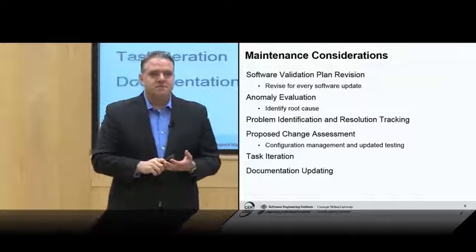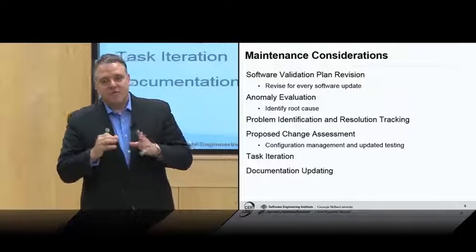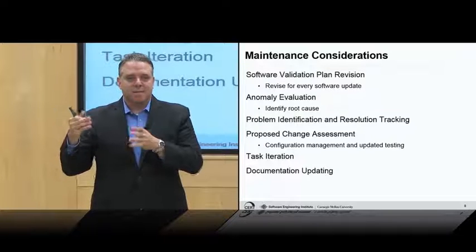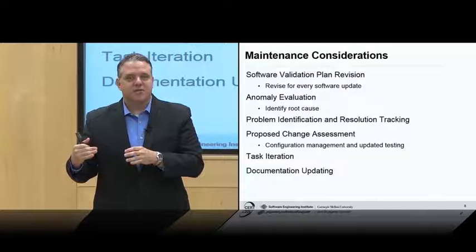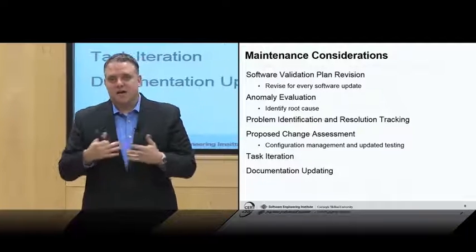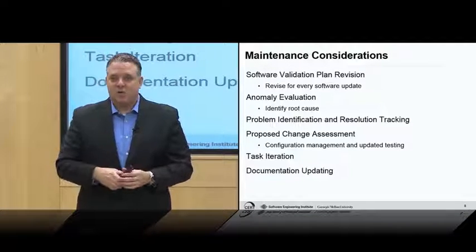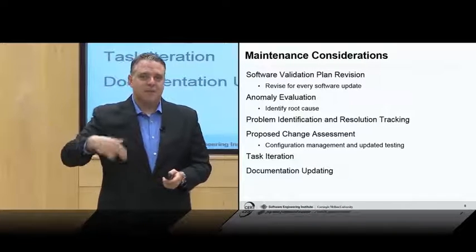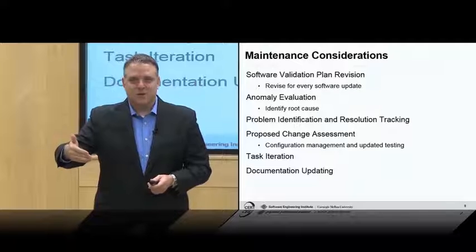Once you find problems, make sure that you identify them, track them, and actually manage the changes associated with that in some guided fashion, such that if the testers reported an error over here, you don't want that to get dropped and not make it into the actual build release.